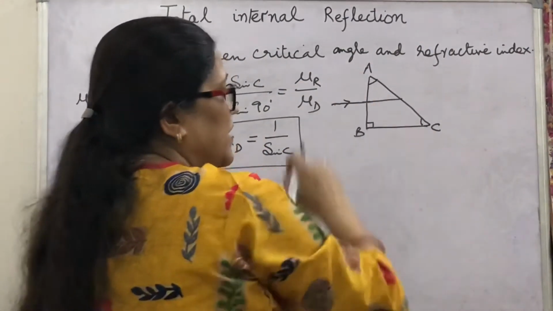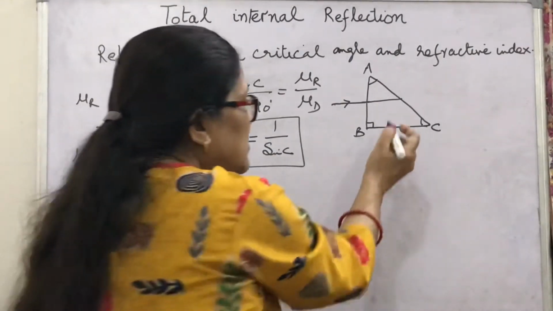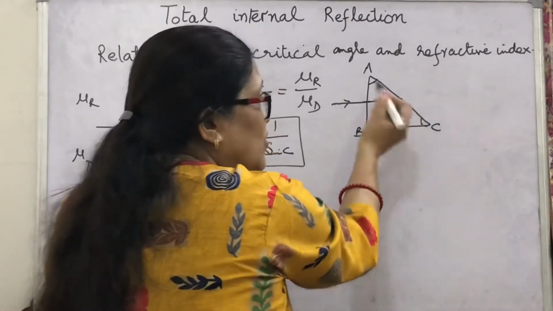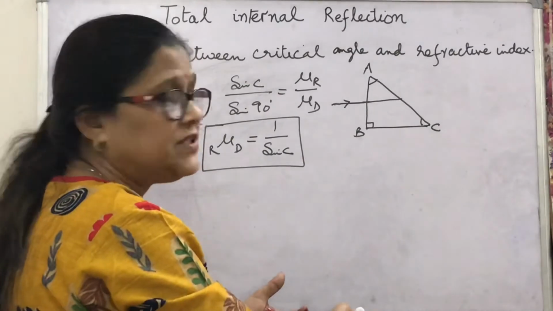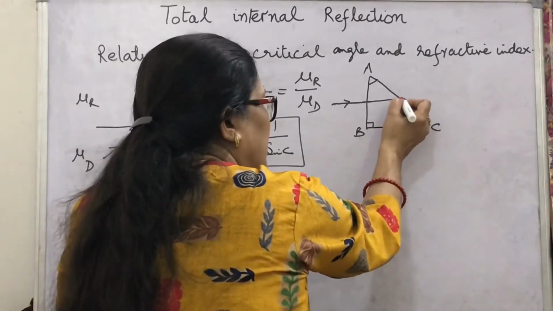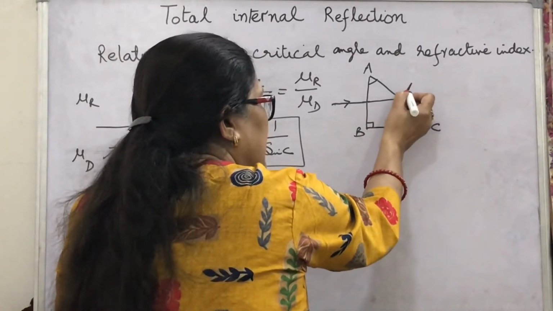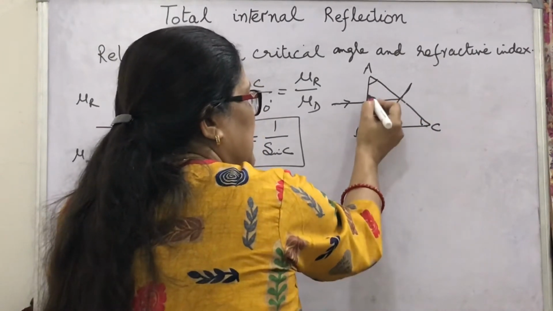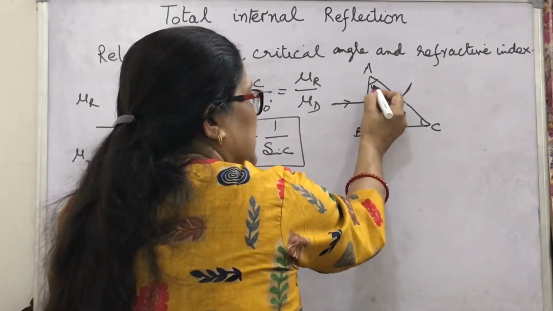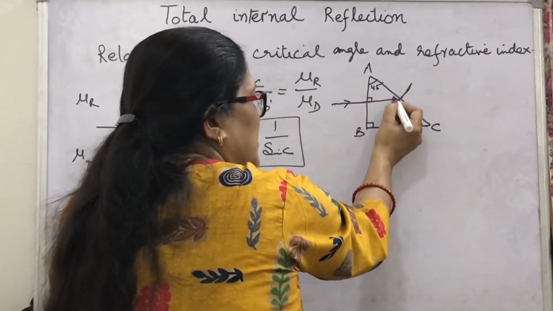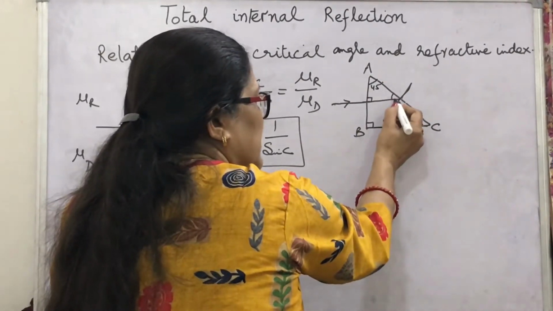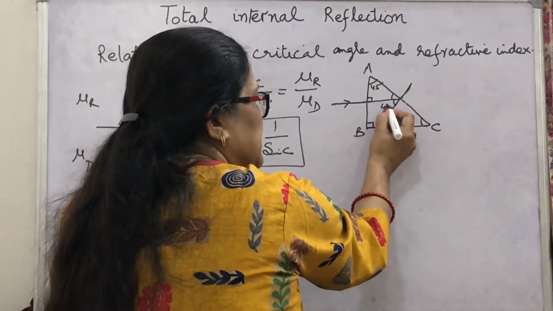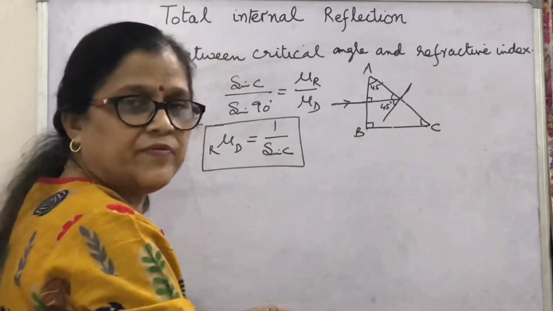What is the angle of incidence here? How will you find it? By drawing a normal perpendicular at this surface. Now this is 90, this is also 90, this is 45, then this will be 45, and this will also be 45.